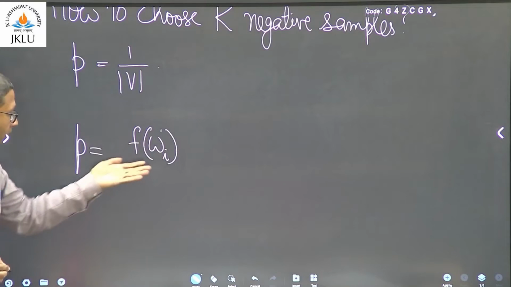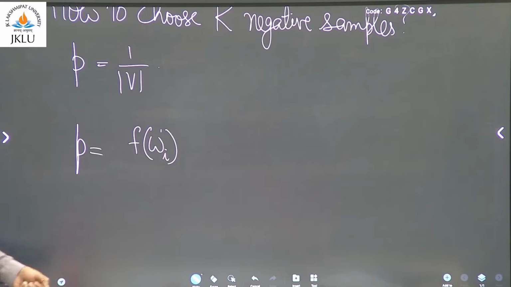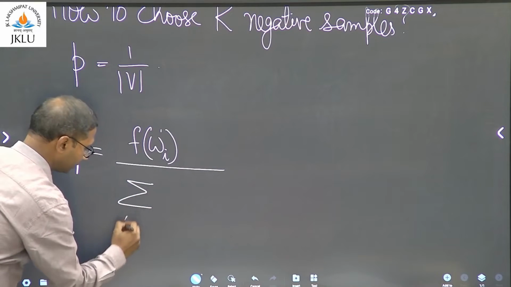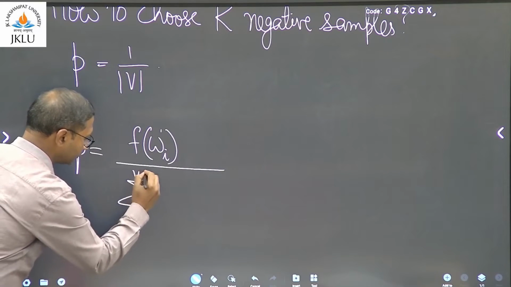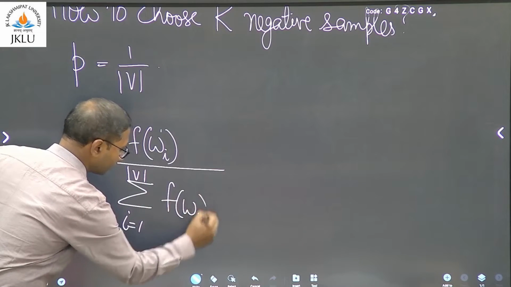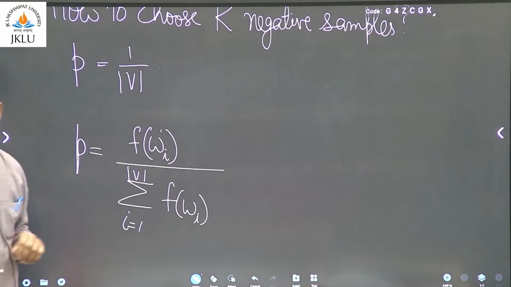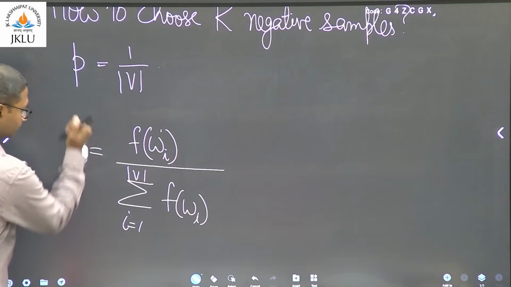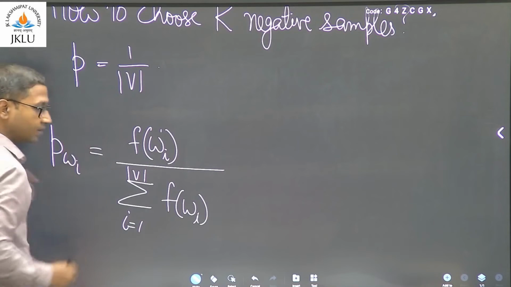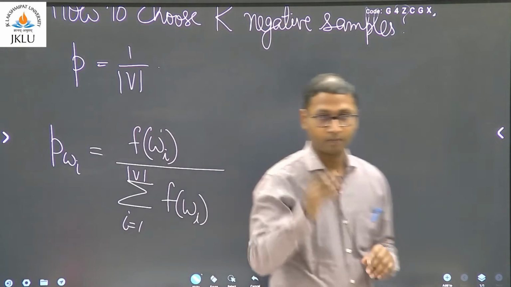Okay, what will be there in the denominator? Summation over i equal to 1 to mod v of f of wi. Make sense? Now this is the probability of wi being chosen. Make sense?